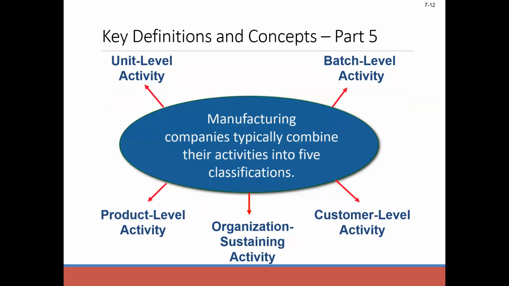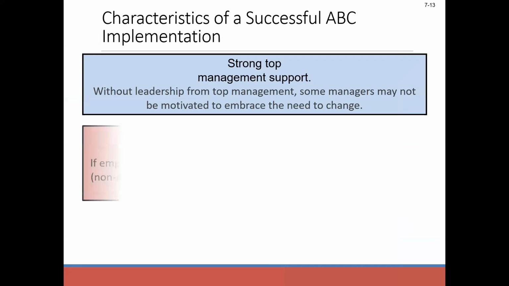We've got unit level activities, batch level activities, product level activities, organization sustaining activities, and customer level activities. Okay? With manufacturing companies, this is how we usually classify them.